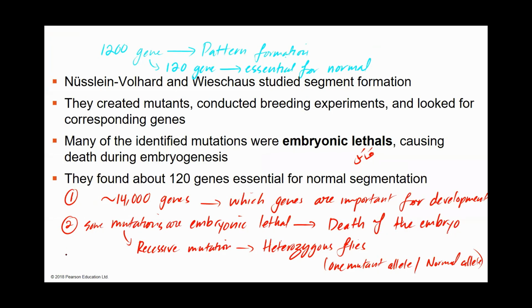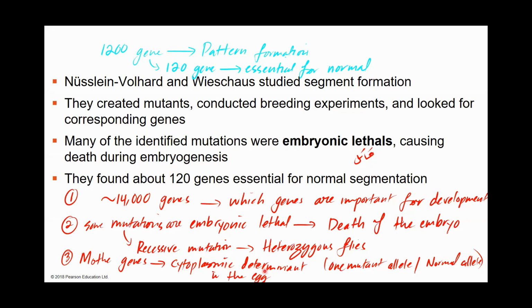You have to understand also that these scientists did not only study the genes of the embryo, they had to study the genes of the mother. Why? Because we know that the maternal genes encode the cytoplasmic determinants in the egg.